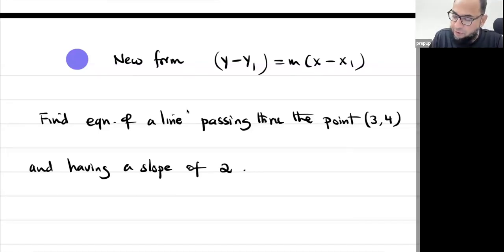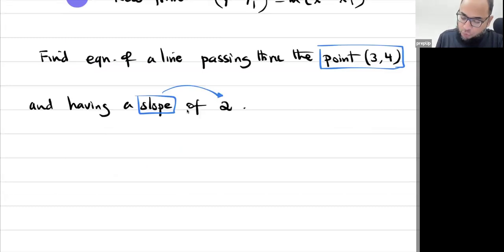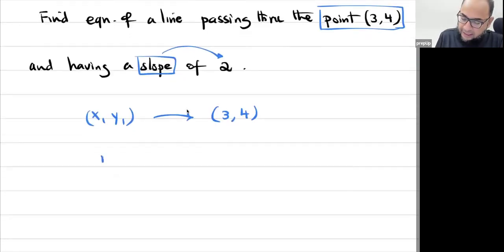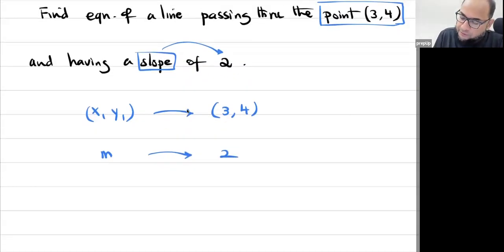So first of all, the slope value is 2 and the point is (3, 4). So therefore, when I do the solution, instead of x1, y1, I have 3 and 4. And instead of the slope, I have this value. Actually, let me write this value as 2 over 5. So this is 2 and this is 5.